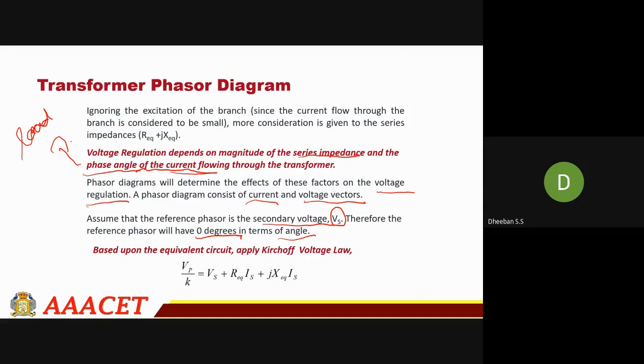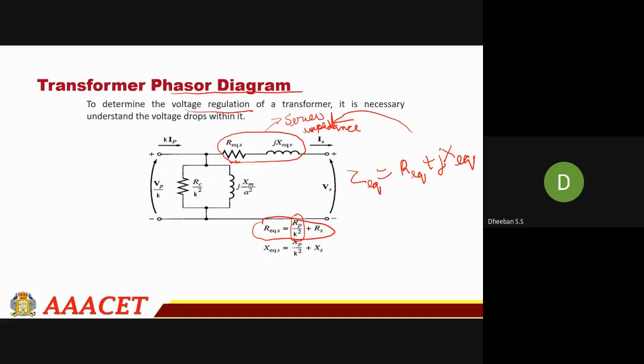Based on the equivalent circuit, you have to apply Kirchhoff's law, KVL over here.